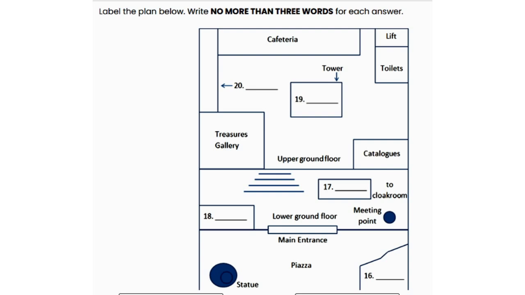Right. Well, here we are, standing at the meeting point on the lower ground floor, just to the right of the main entrance. I've given you all a plan of the building so that we can orientate ourselves and get an idea of where we'll be going. Now, outside the main entrance, you'll see the wide piazza with the stunning sculpture of Newton.